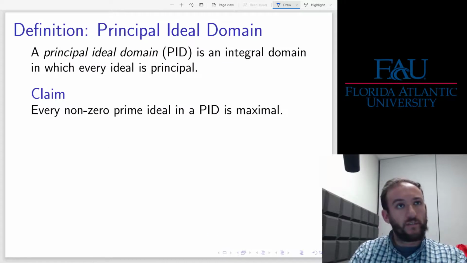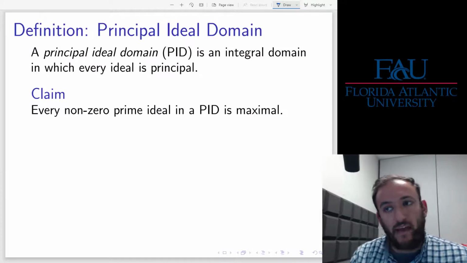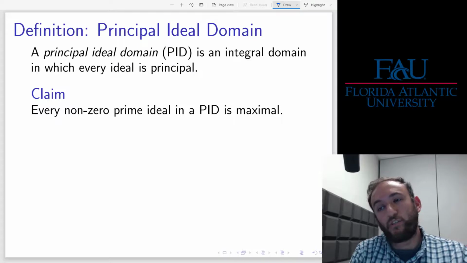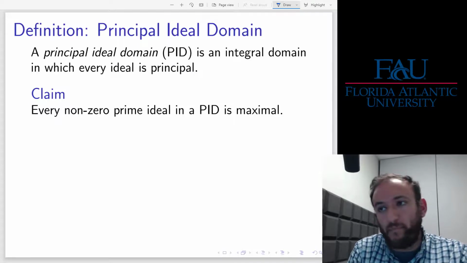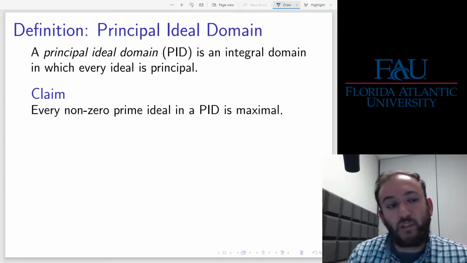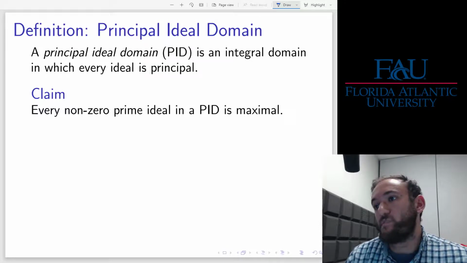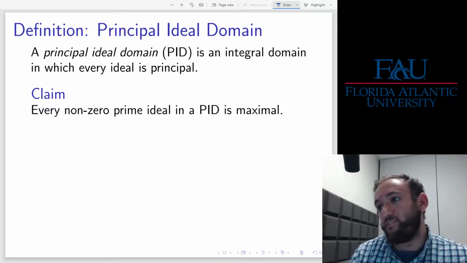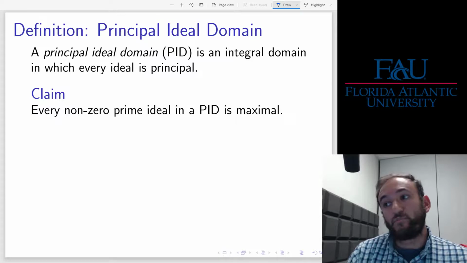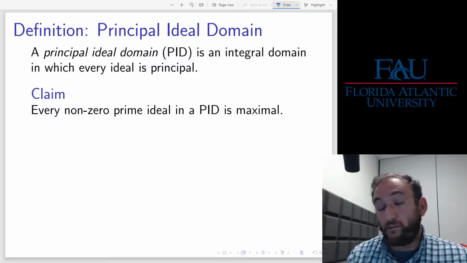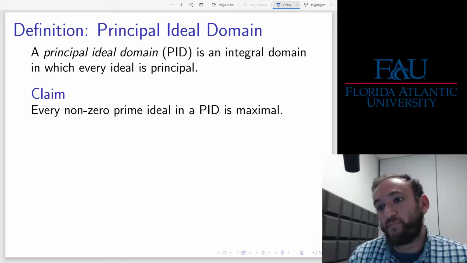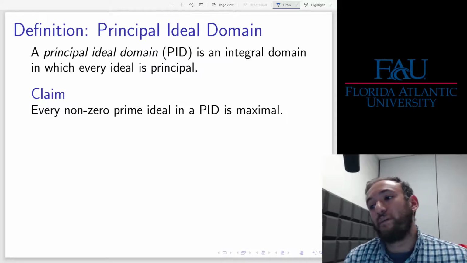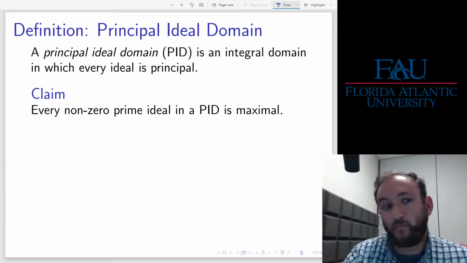Okay, so we showed earlier that maximal ideals are prime. In general, prime ideals do not have to be maximal, but for a principal ideal domain, they are. So let's recall that a principal ideal domain, or a PID, is an integral domain in which every ideal is principal. We'll claim that every non-zero prime ideal in a PID is maximal.